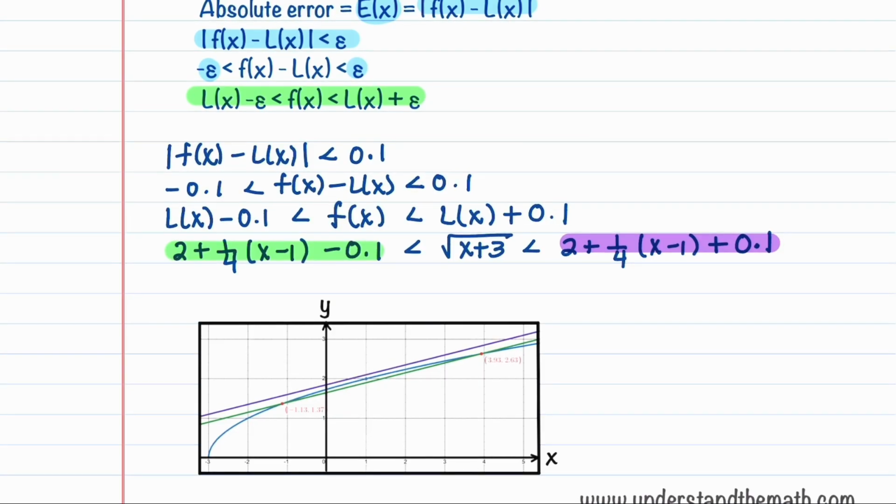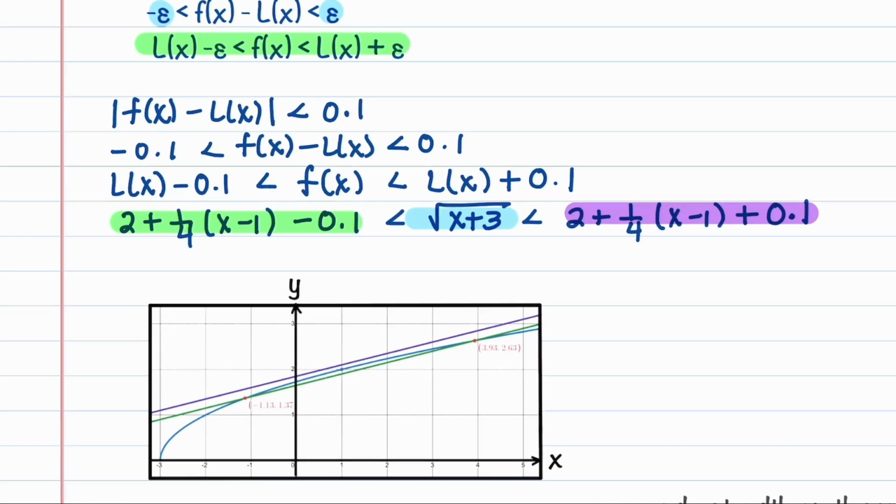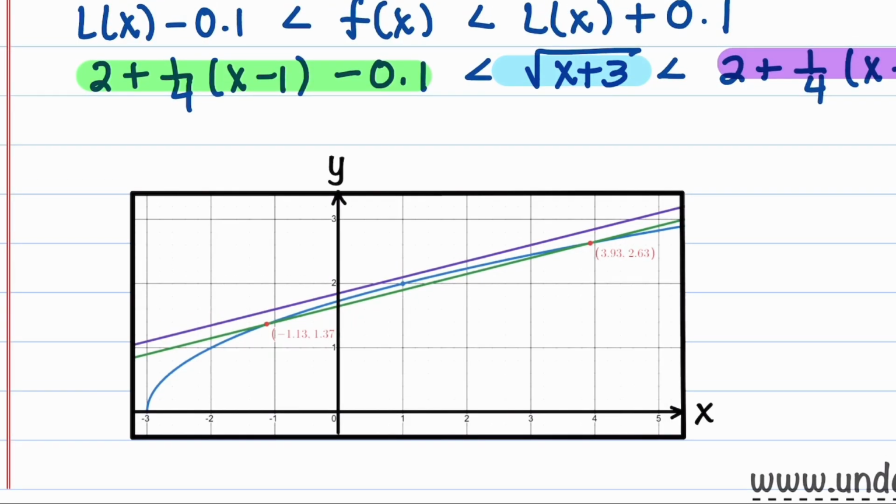And then the function that we're approximating, I have drawn in blue. The function is only going to intersect one of these straight lines. In our case, our function, the square root of x plus 3, is concave down, so it's going to intersect the green line. Let me go ahead and make this bigger so that you can see that.